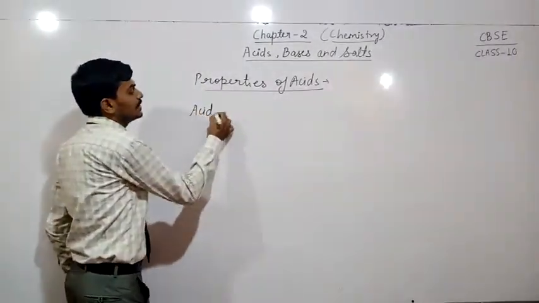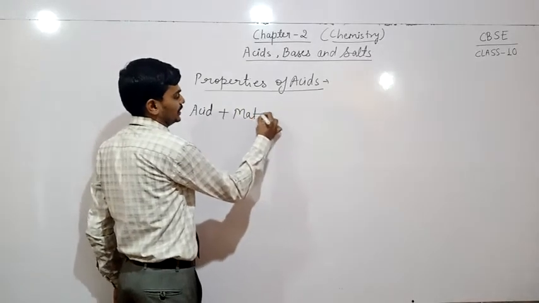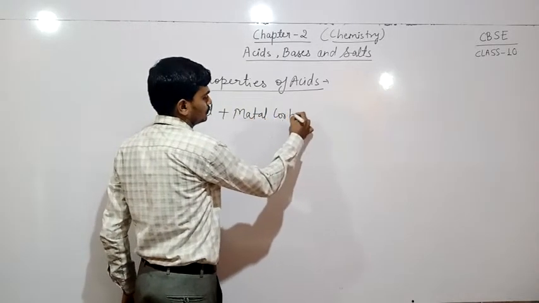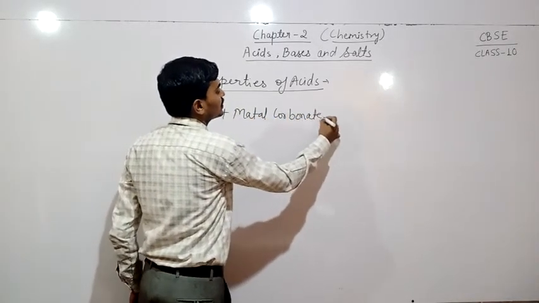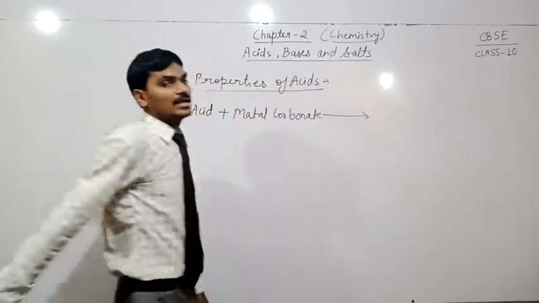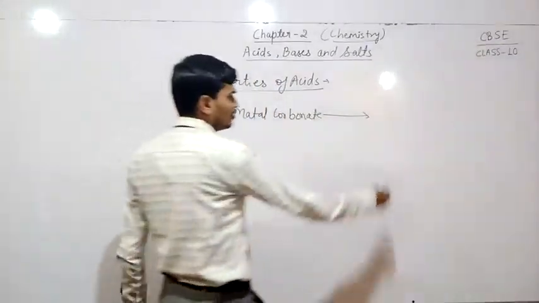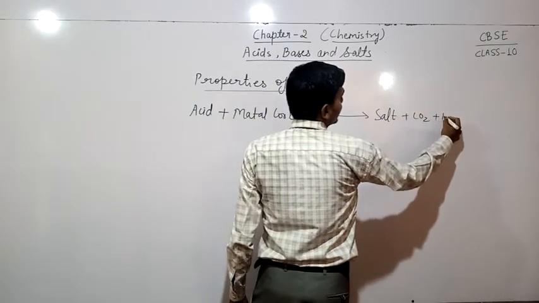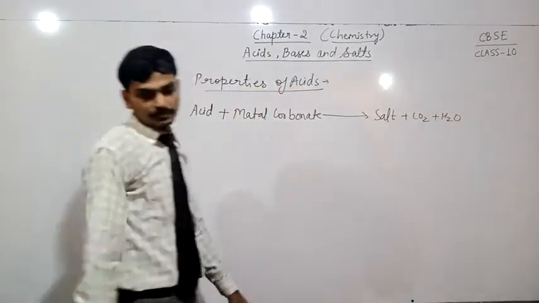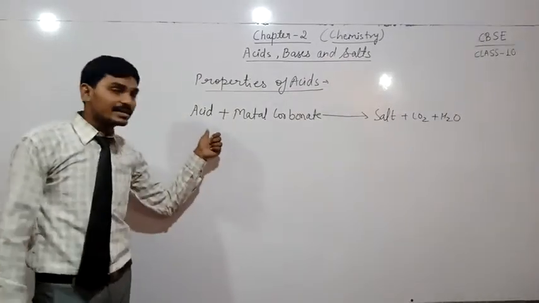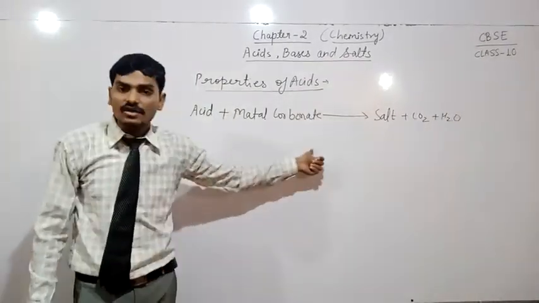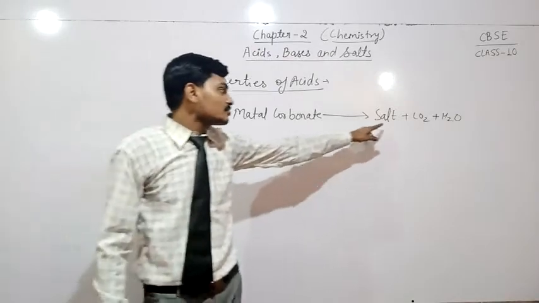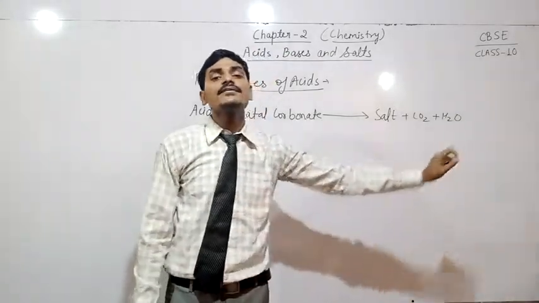Acid reacts with metal carbonate to form salt, carbon dioxide and water. That is, if we react any acid with metal carbonate, then we get salt, carbon dioxide and water.